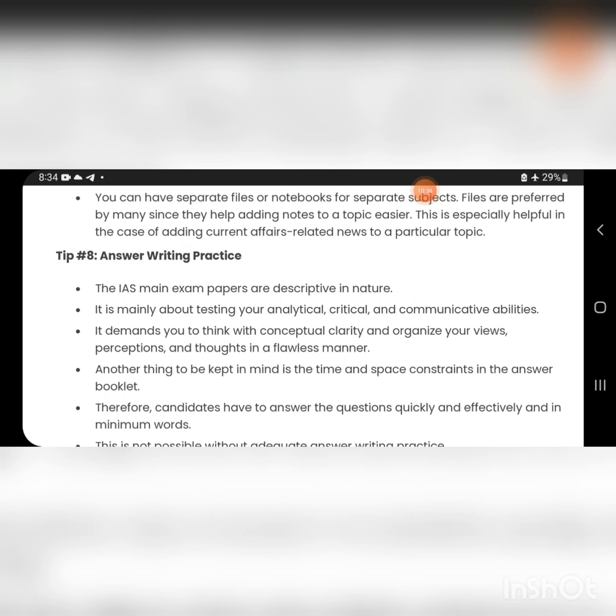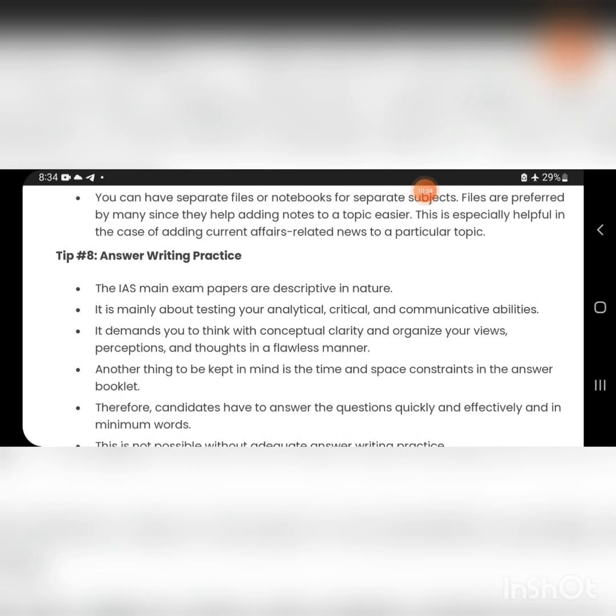Another big thing to keep in mind is the time and space constraints in the answer booklet, because you have to attempt at least 10 to 15 questions in a limited time of 3 hours. You have to practice a lot.